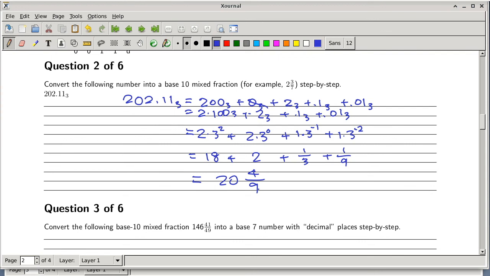Now, what if somebody just skips all the steps and gets to 20 and 4/9? I'm thinking about either a 0 or a D. Because it is the steps that I'm looking for. It is not so much the final answer.